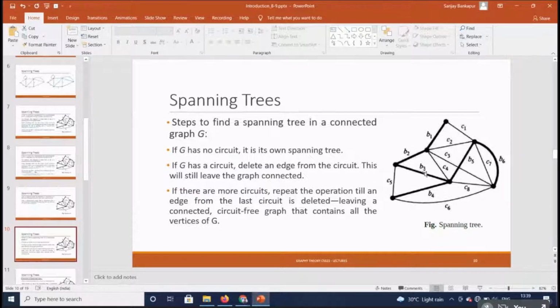This will still leave the graph connected, so we should delete an edge in such a way that the graph does not become disconnected. Then check again whether a spanning tree exists after the deletion. If not, repeat this step until we find a spanning tree. So it is a very simple procedure to find a spanning tree.